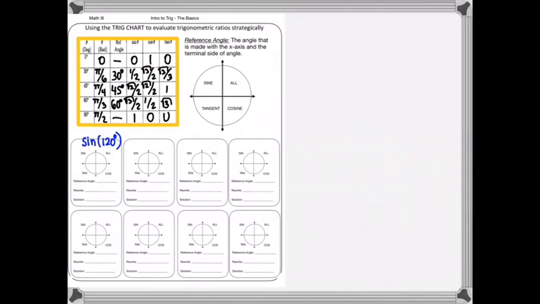All right, so here we go. Notice that I have removed the chart because we don't want to lean on that thing the entire time that we're doing these. We want to use this method because, again, this method is going to help us streamline what we've learned. So if I look at the sine of 120 degrees, our angle is going to look like this.